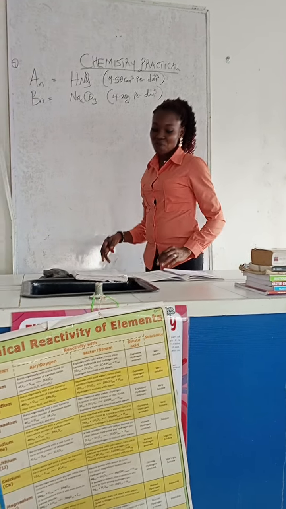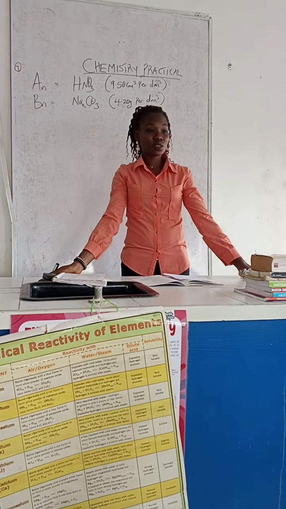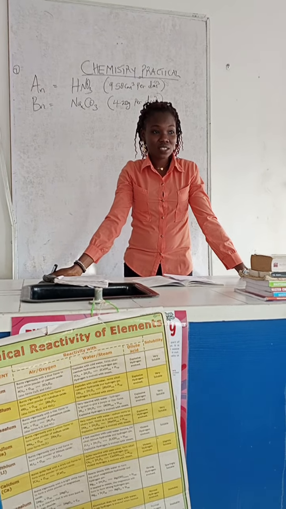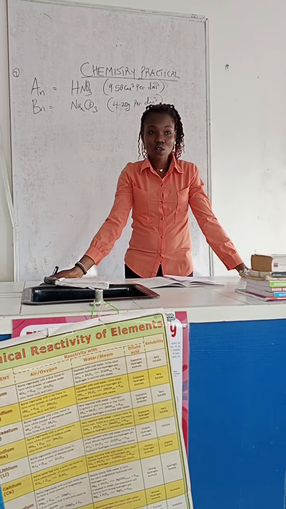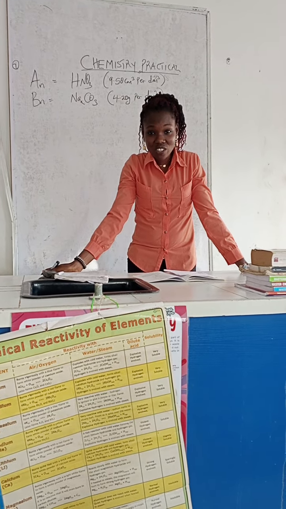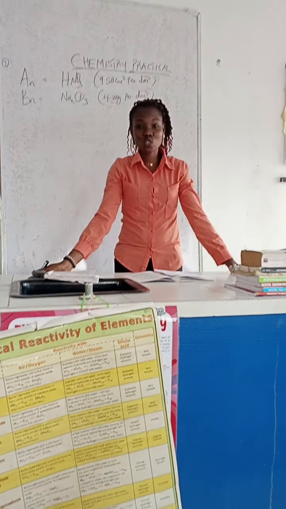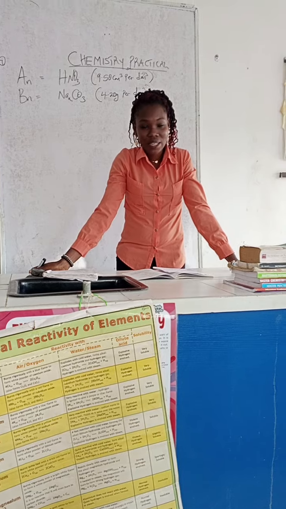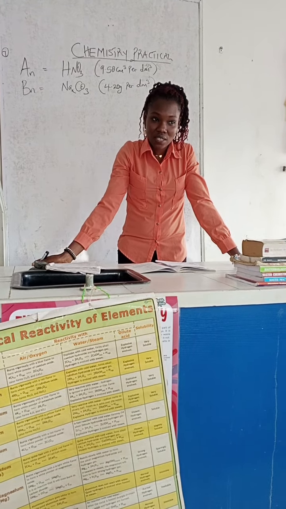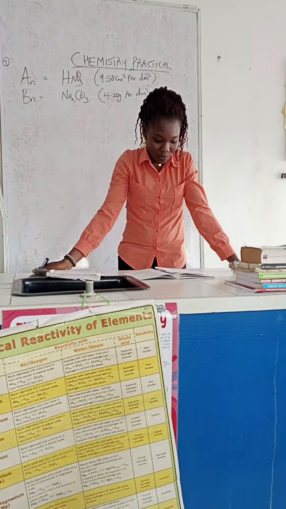Before you go into this, as a good chemist or a good scientist, you should first do your hypothesis, that is your theoretical work, to guess what you should expect before you conduct the experiment. That's the reason why I'm giving out this video.